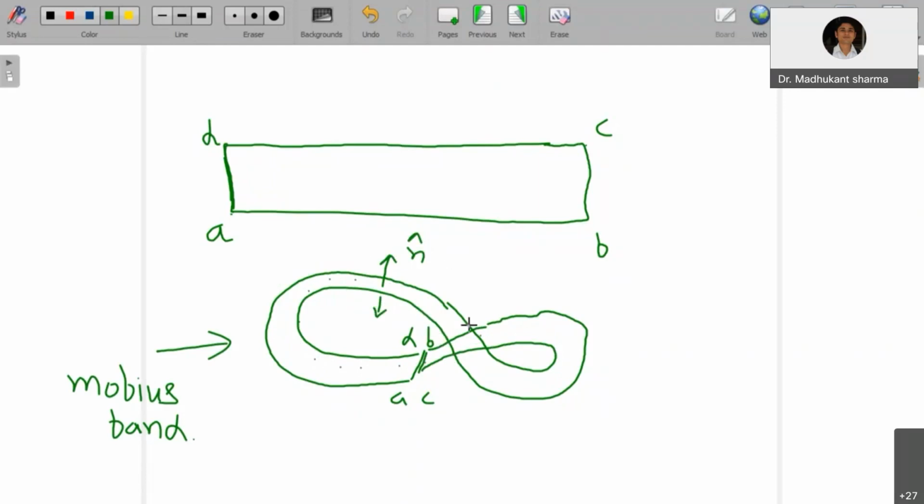It will automatically change direction when you come around after some time. That should not happen unless the field is not continuous. So this is an example of a non-orientable surface.